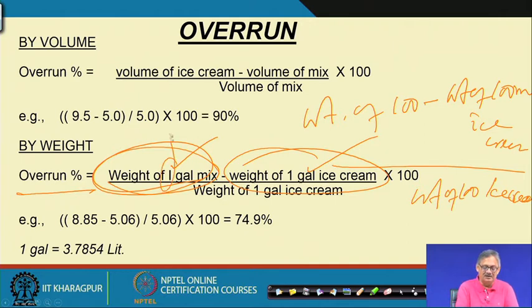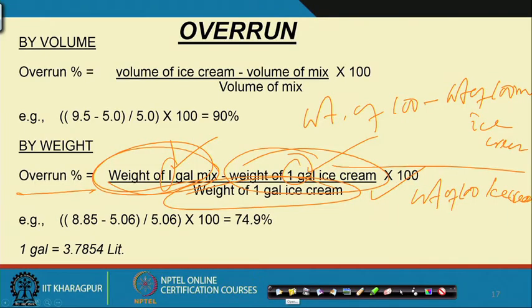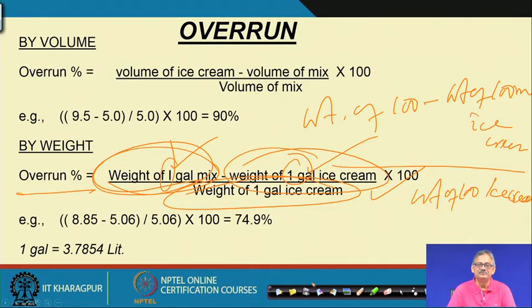So, 1 gallon or 100 ml is a definite volume. For a definite volume of both the mix and the ice cream, if your weight difference is known, divided by the smaller weight, that is the ice cream weight in this case, times 100, that will give us the percent overrun in terms of weight.